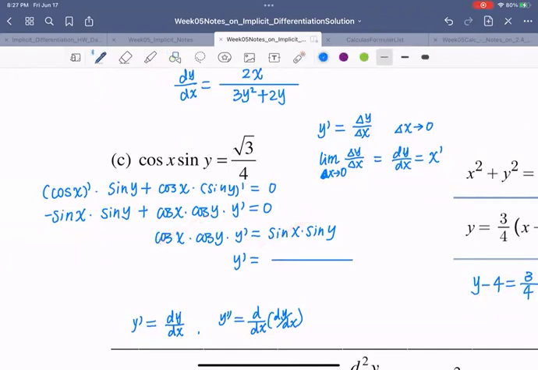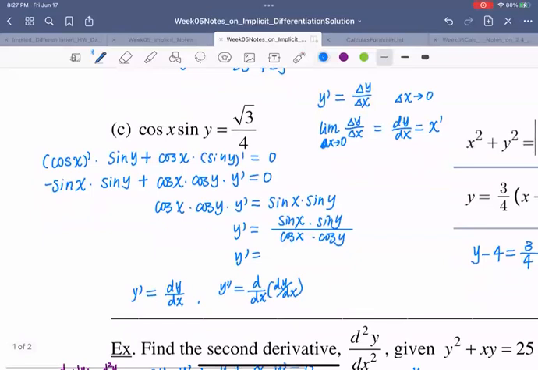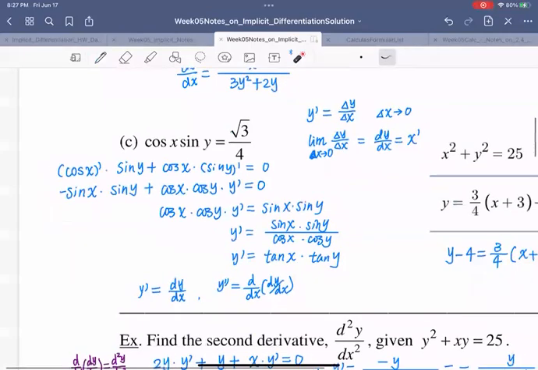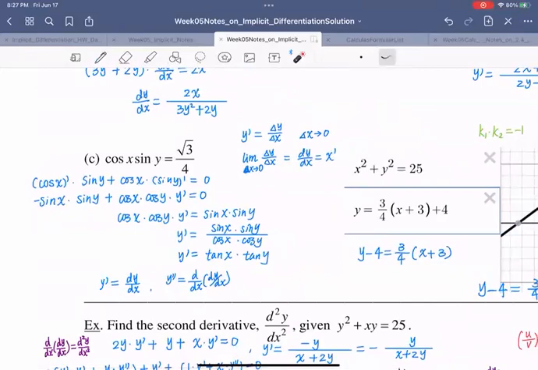So sine x times sine y over cosine x times cosine y. Yeah, that's right. Now, who is this? That's tangent. So y prime equals tangent x times tangent y. I didn't say this is tangent x, you cannot say tangent squared x. No, y and x are different. Okay? Make sense now?